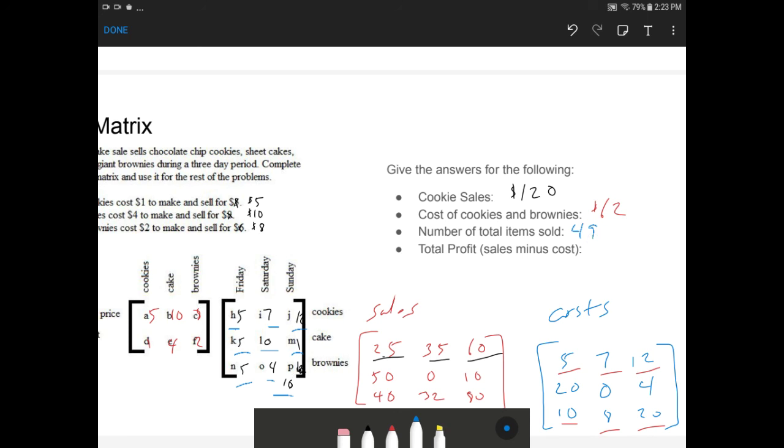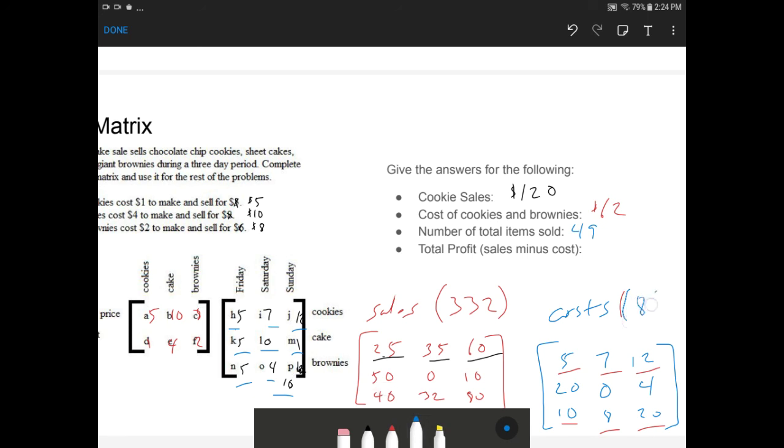Total profit. Oh man. Okay. It's 25 plus 50 plus 40 plus 35 plus 32 plus 60 plus 10 plus 80. So the sales were $332 in sales. The costs, 5 plus 7 plus 12.